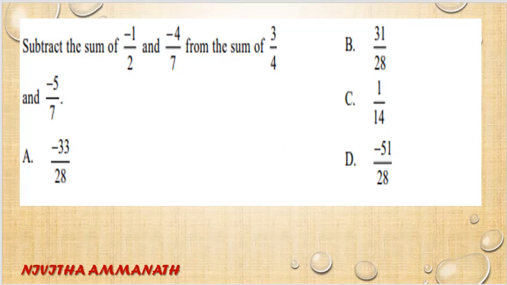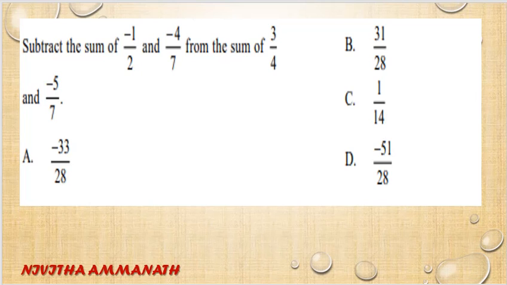Subtract the sum of minus 1 by 2 and minus 4 by 7 from the sum of 3 by 4 and minus 5 by 7. So, subtract the sum of this from the sum of this.